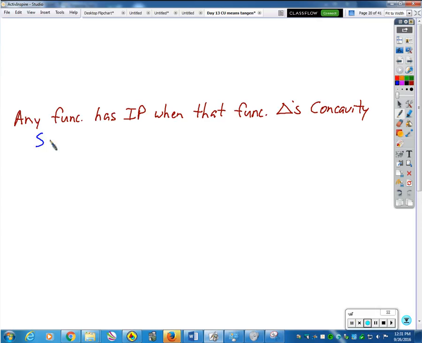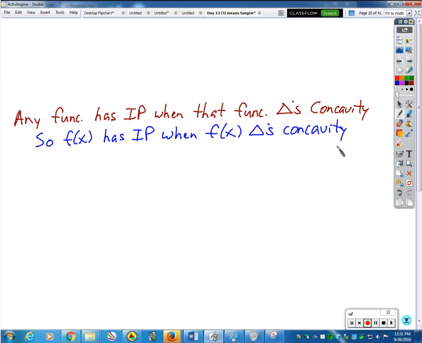So we say, f of x has inflection point when f changes concavity. Or f has inflection point when f prime changes. Somebody finish that statement.